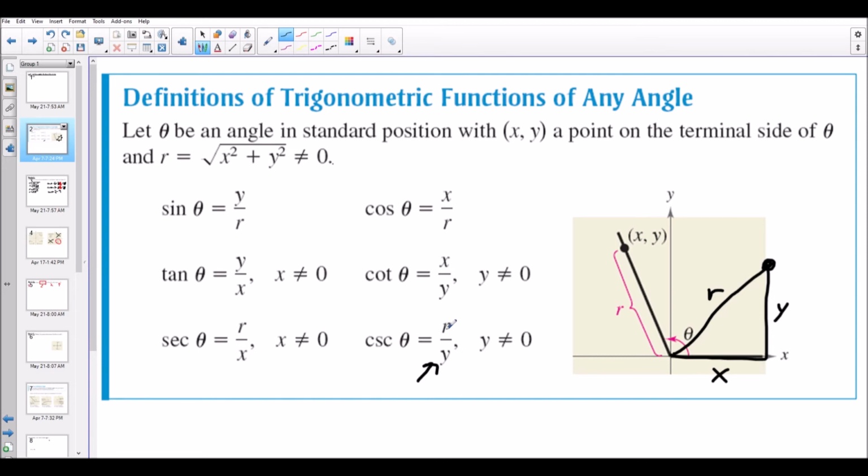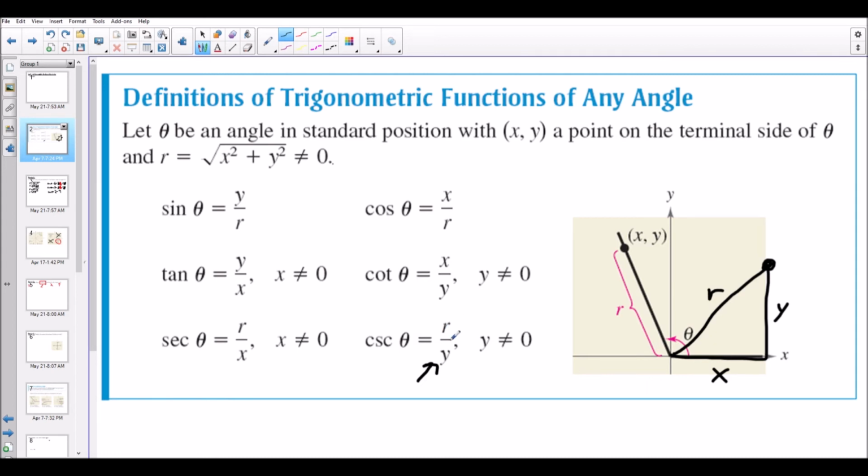The radius is always going to be positive. That's actually mentioned in the textbook. I didn't write it out here, but it should be plainly obvious that your radius is always going to be a positive length of line. So we're never going to attribute whether the whole answer is positive or negative to the radius.